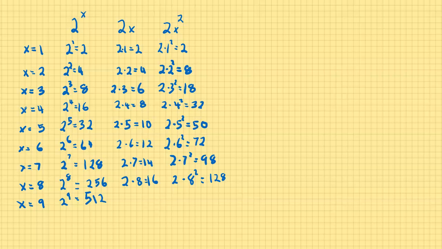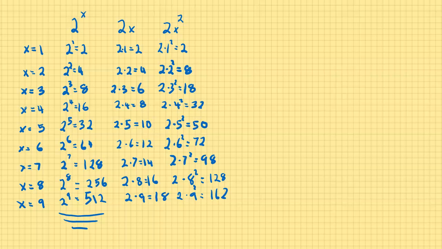Okay, the linear function is still at a really low value. That's 2 times 9, which is 18. And here we have 2 times 9 squared, which is 81. So that's 162.